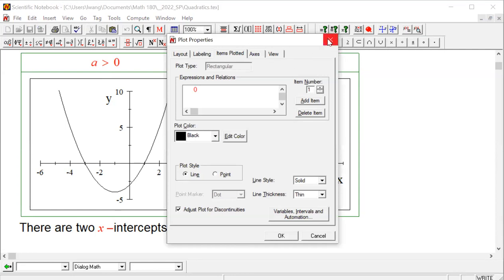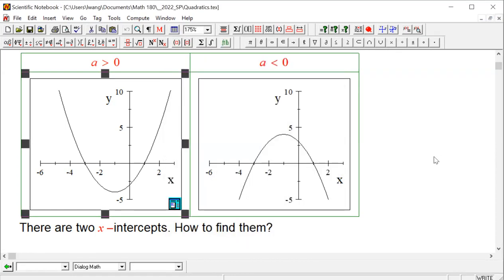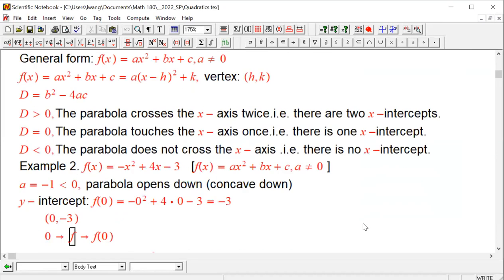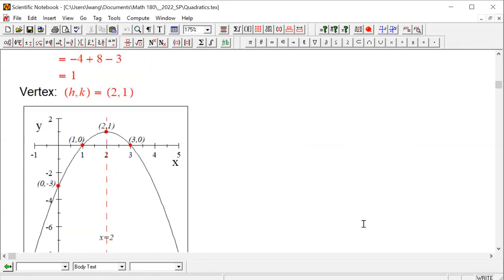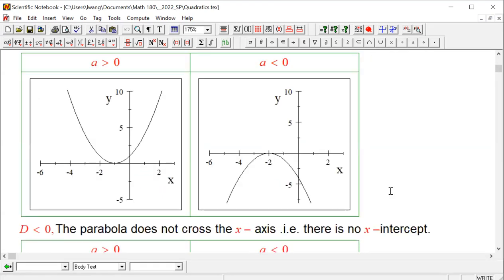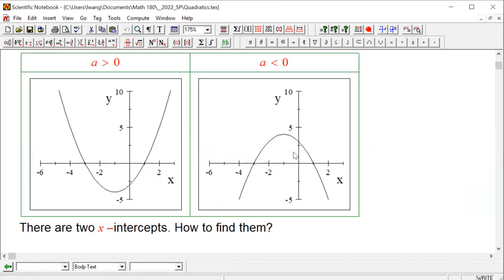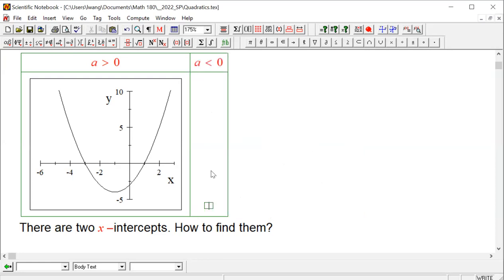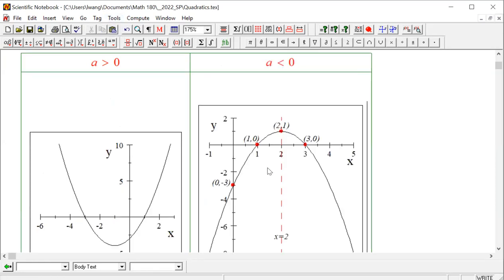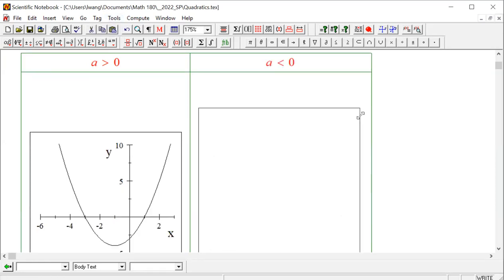I think we have these marked before. Let me see if I can find those examples. Here we go. We could totally use this example. It opens down.